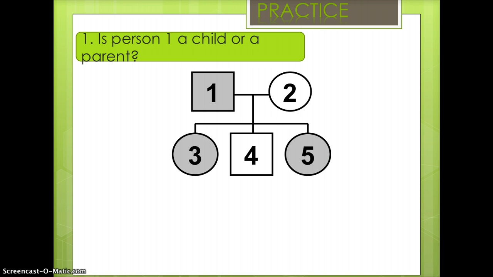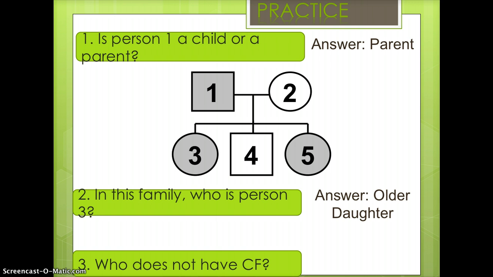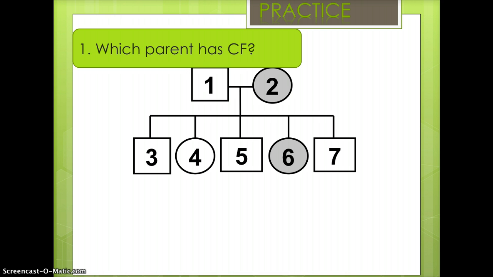Is person 1 a child or a parent? A parent. In this family, who is person number 3? The older daughter. Who does not have cystic fibrosis? The mother and the son. Which parent has cystic fibrosis? The mother.